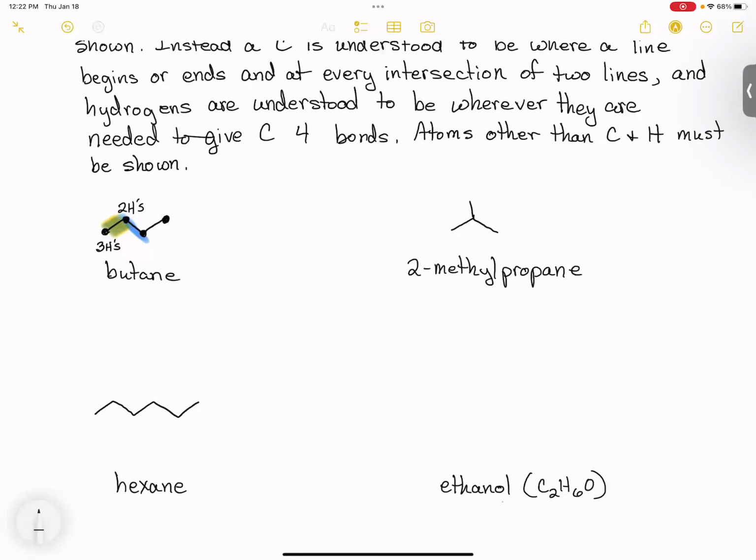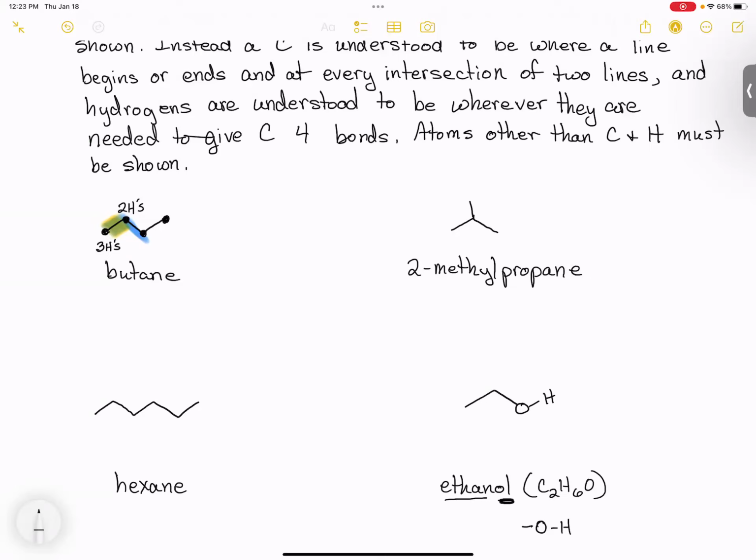Now, ethanol, if you'll recall, the "ol" means an alcohol, which means it's going to have an OH group attached to it. We have to illustrate the OH group because we have to illustrate the functional group. But ethanol means that there were only 2 carbons. So it's 2 carbons, 1, 2, and then that carbon is attached to an alcohol functional group.